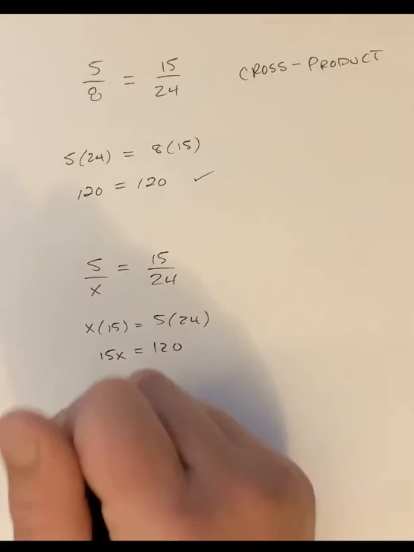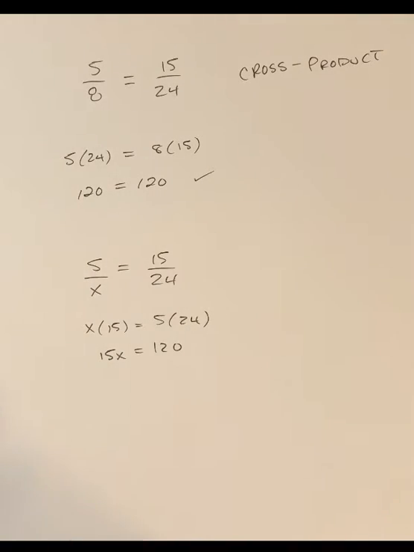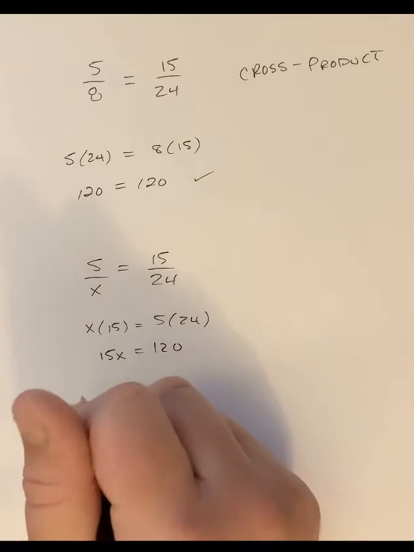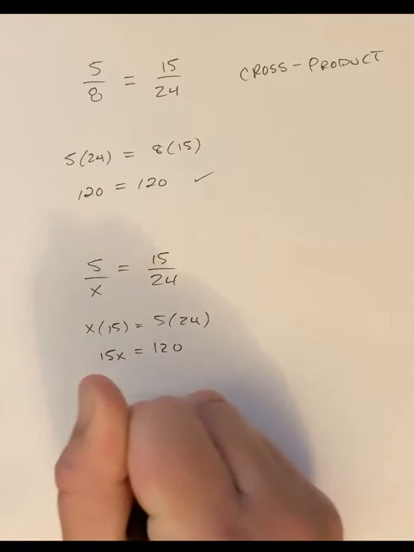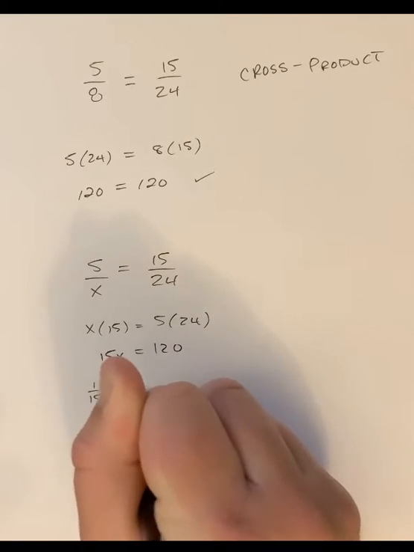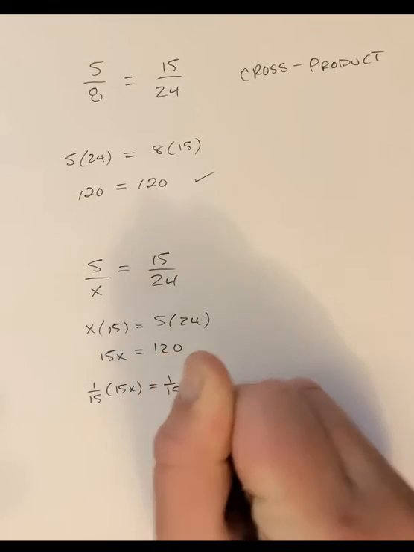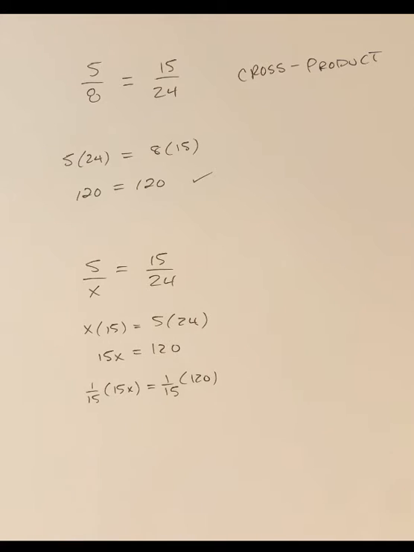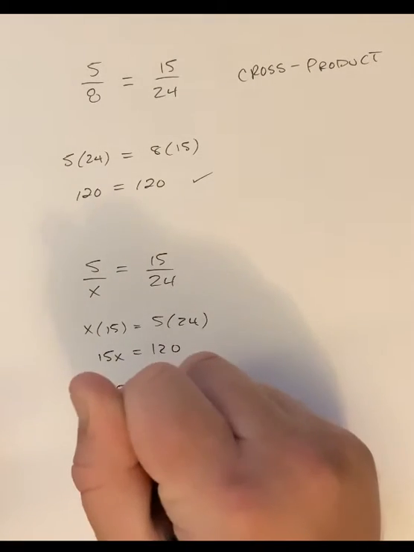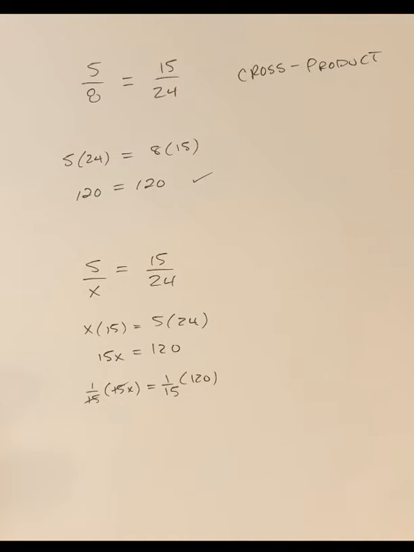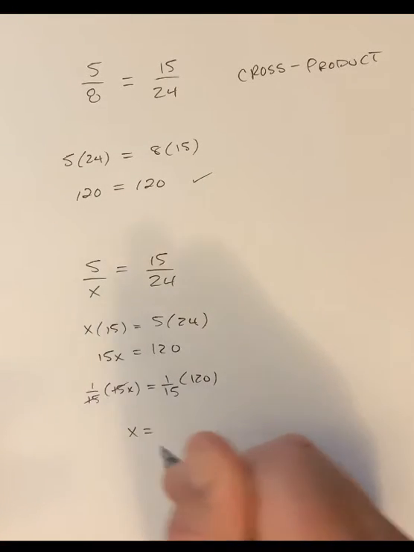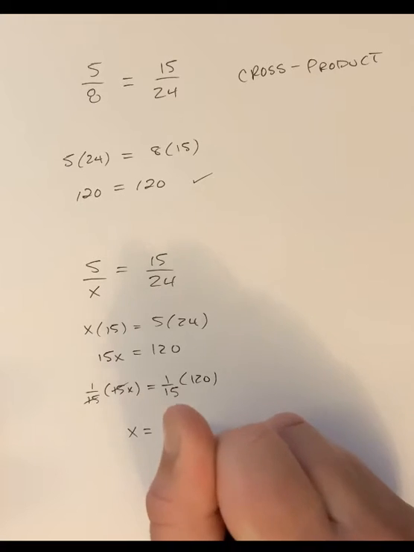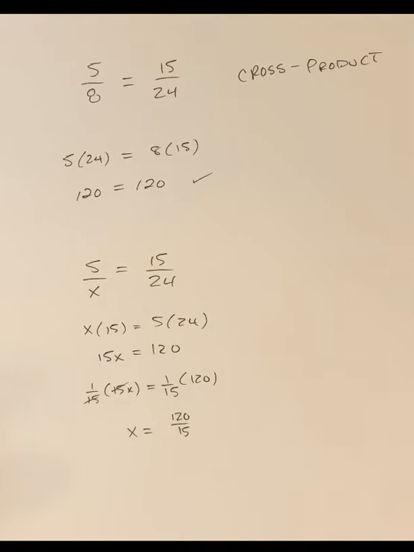So anyway, if we were going to solve this, you could have done it a couple different ways. You could just say divide by 15. I'm going to write it this way again, though. I'm just trying to tie it to our talk about fractions, but you can divide by 15. That's the same thing. Multiplying by the reciprocal cancels out. So over on the right here, you'd get 120 divided by 15.